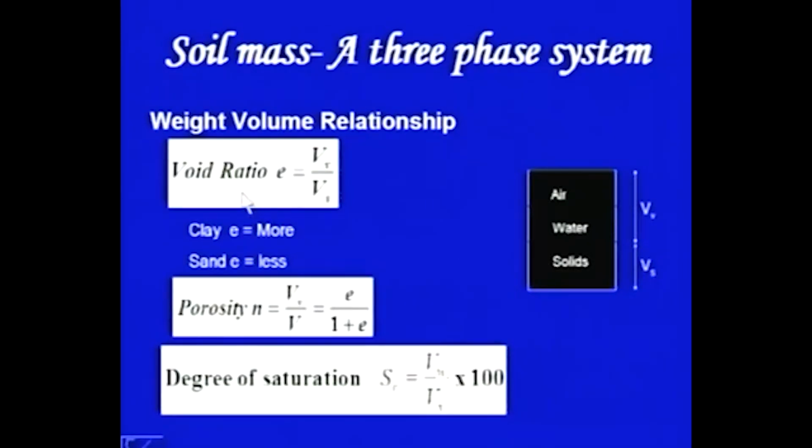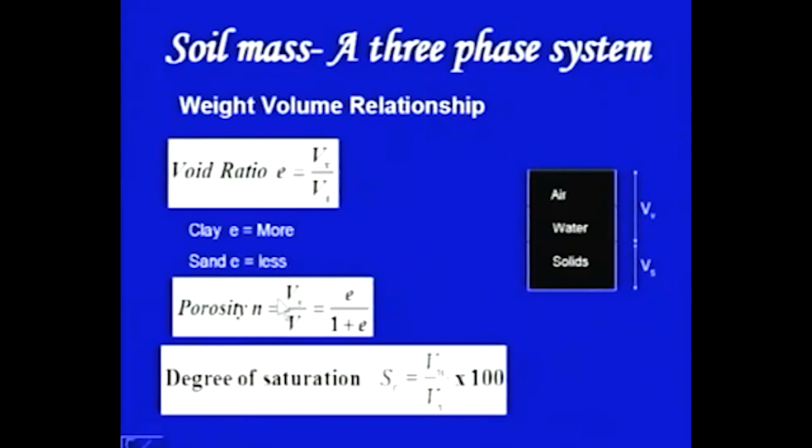The term void ratio defines the ratio of the volume of voids to the volume of solids. In clay, you will observe that void ratio is generally more. In case of sands, void ratio is less. The other way to define the volume of voids is through porosity.